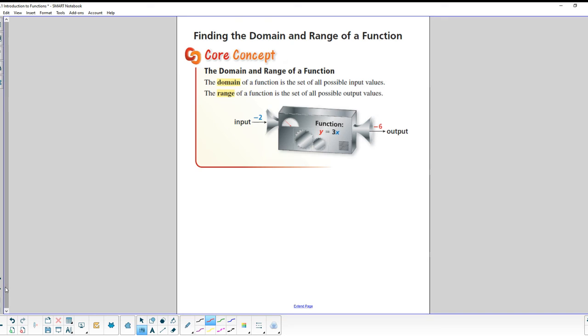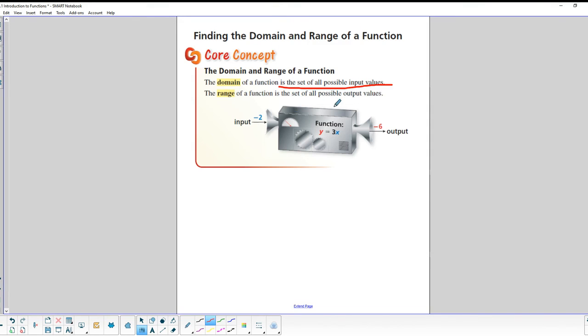Okay, so finding the domain and range of a function. The domain of a function is just the set of all the possible input values. And that's an interesting concept because in some equations, it wouldn't make sense to put certain numbers in there. So some of our domains may not be a big long list going forever in both directions.